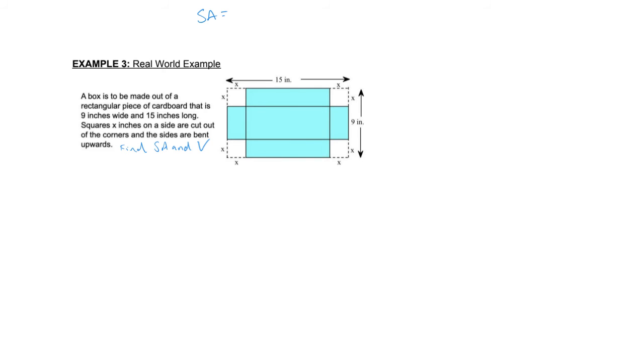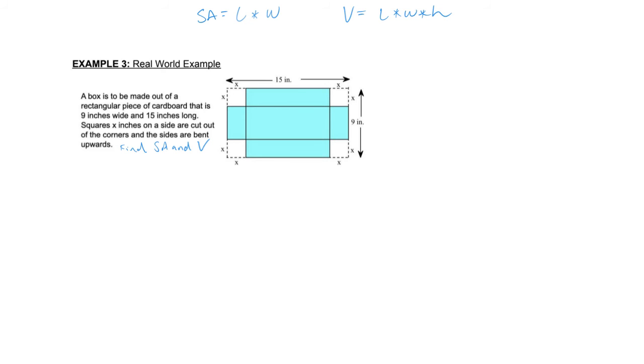The surface area of a rectangular prism is just our length times width, because it's flattened out, and then our volume would be our length times width times height.